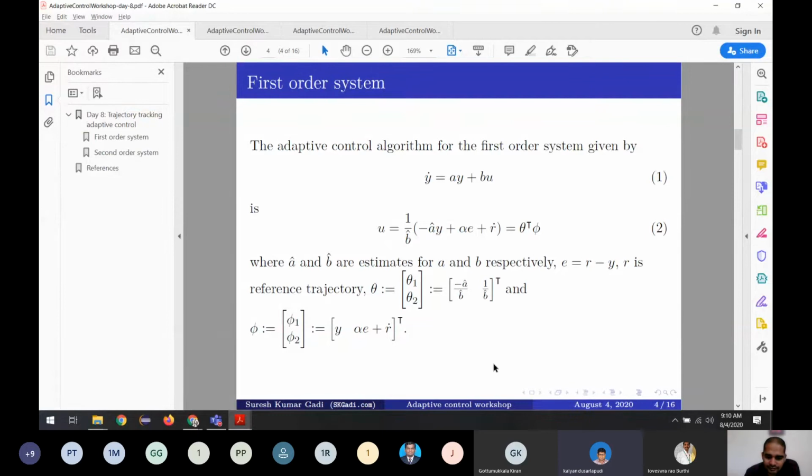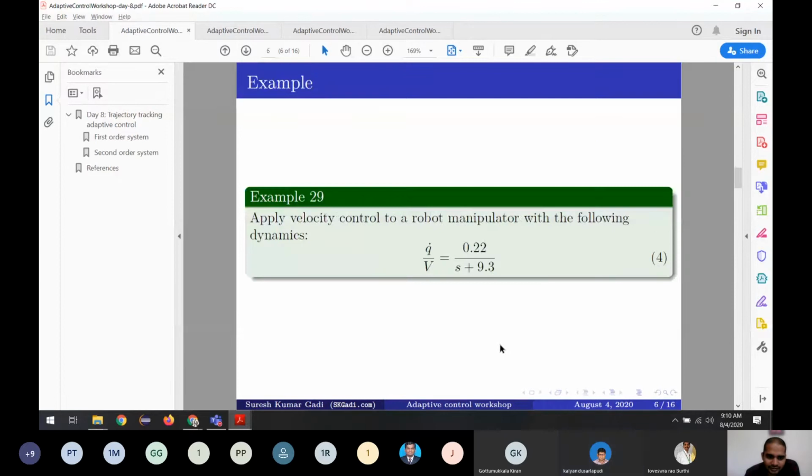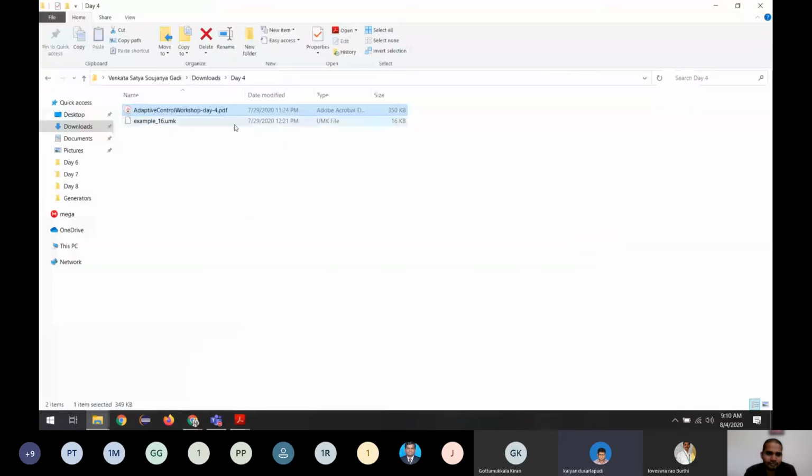Okay. So we see this algorithm is similar but not the same. Let us see the next example, which is applying this to a robot arm.